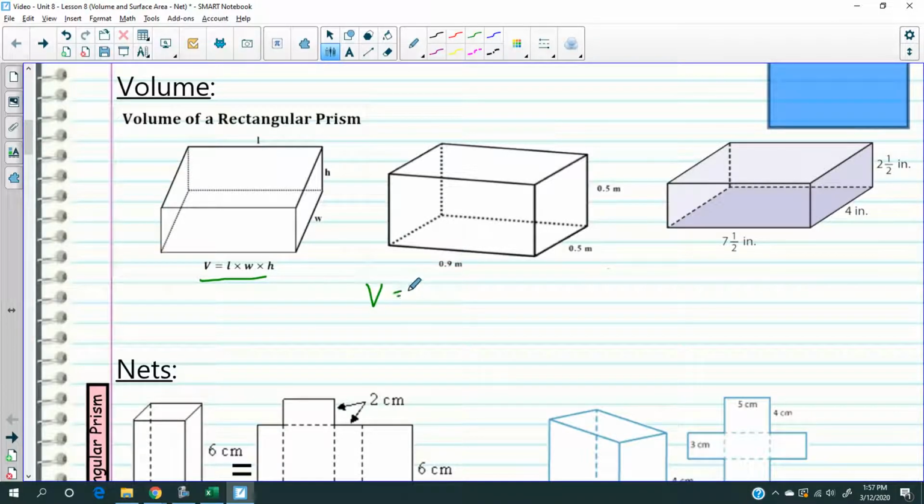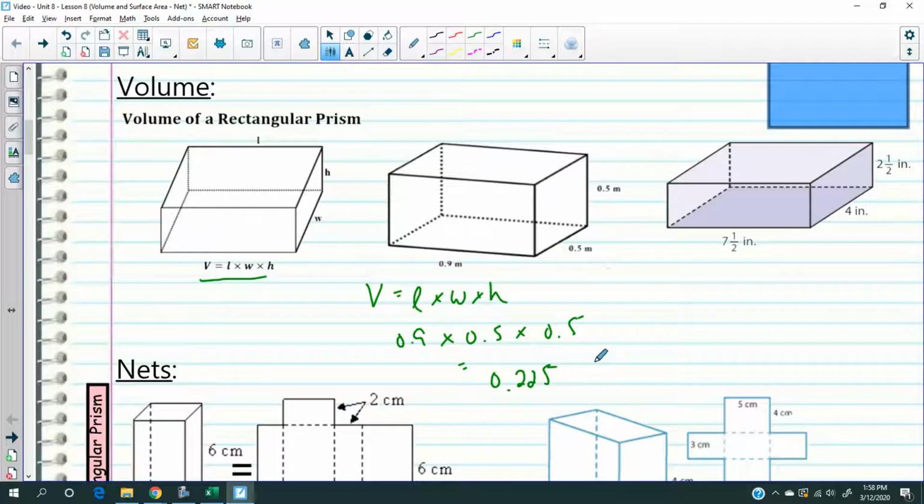To find the volume of this rectangular prism or box, you will need the length of 0.9, multiply that by the width, multiply that by the height. So this is 0.9 times 0.9 times, again, feel free to use a calculator, times 0.5, yep. So this is 0.225.